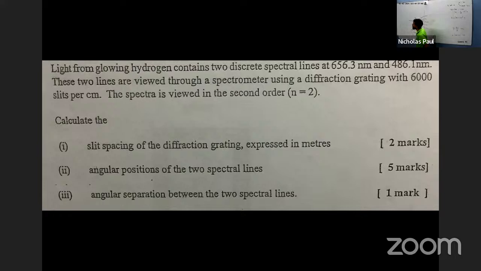They want the slit spacing. And then they want the angular positions. Angular position, theta, right? So part 1, they want A. Part 2, they want theta. And part 3, you put it like 1 mark.